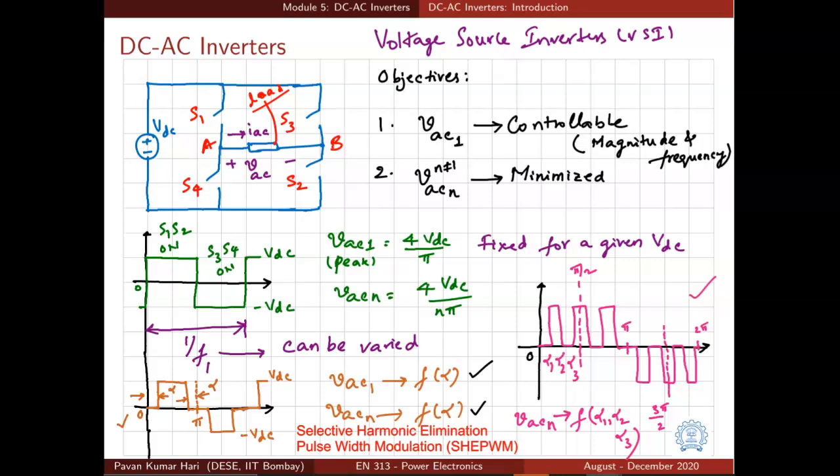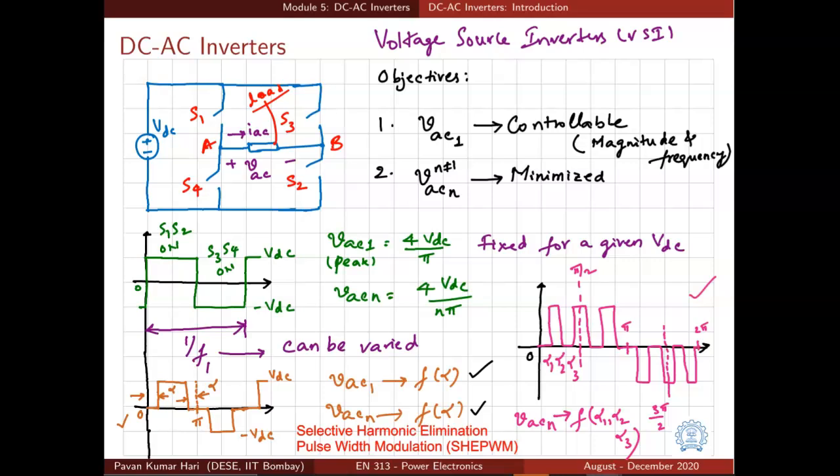And this particular way of doing PWM or pulse width modulation, by calculating the switching instants alpha 1, alpha 2, alpha 3 ahead, even before we start to build some circuit or implement this way of switching, we need to know what this alpha 1, alpha 2, alpha 3 are.